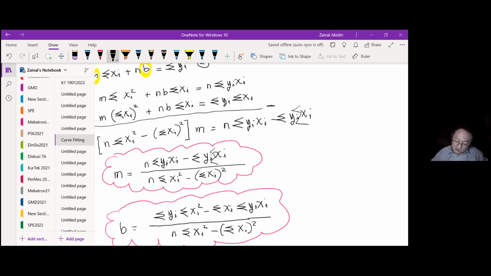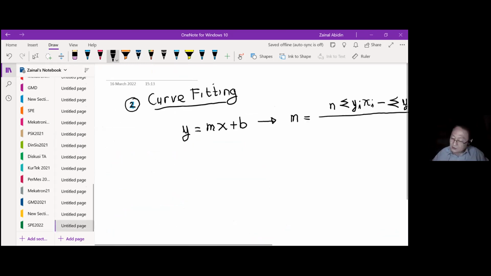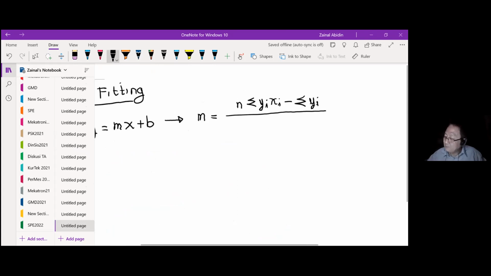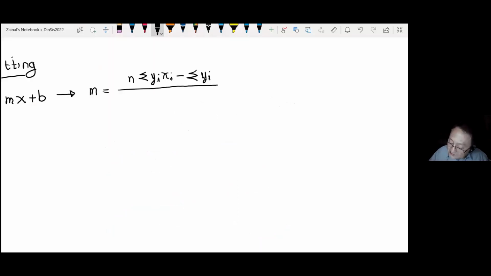Okay, so we already did this one, that m is equal to n multiplied by sigma xi yi minus sigma xi sigma yi, divided by n multiplied by sigma xi squared minus sigma xi squared.